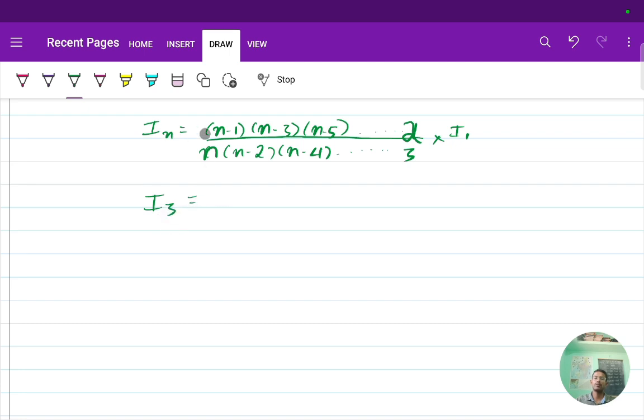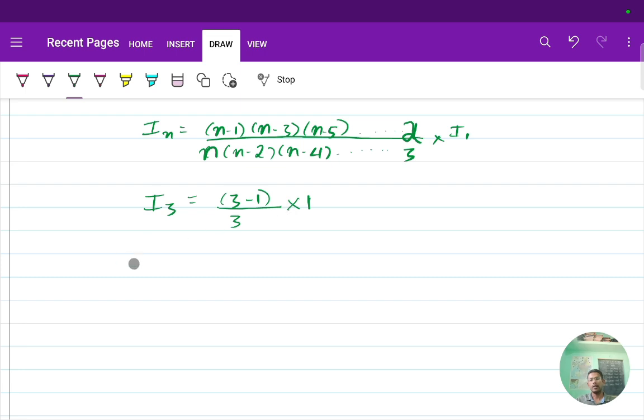So I3 is equal to 3 minus 1, which is 2, at the end we have to get 2. And n is 3, so at the end we have to get 3. We know that the value of I1 is 1.